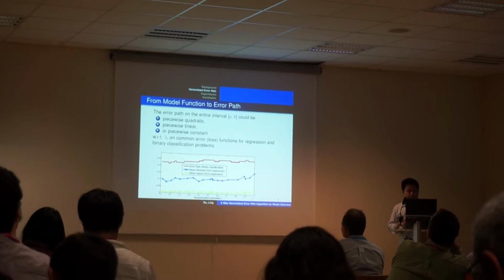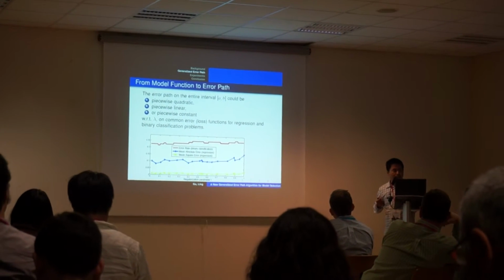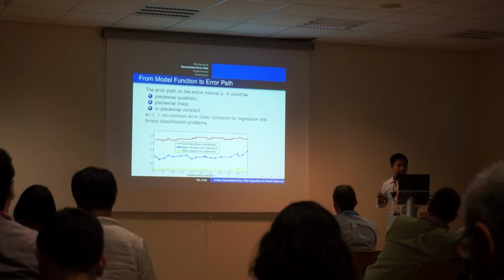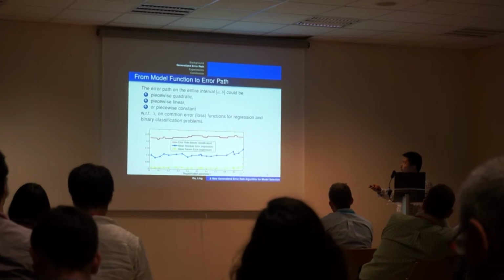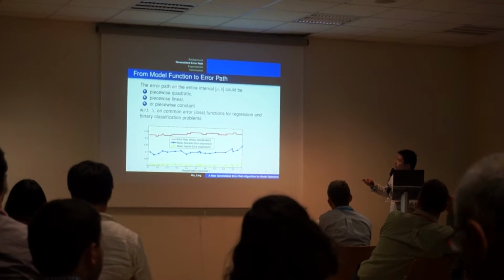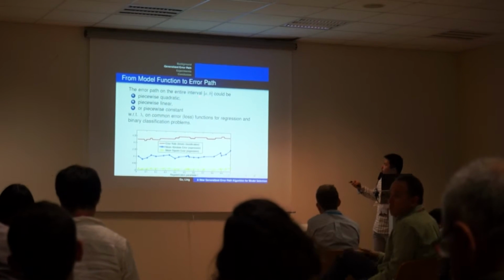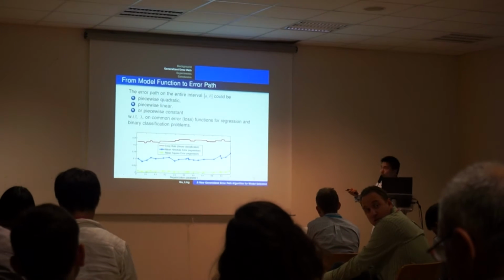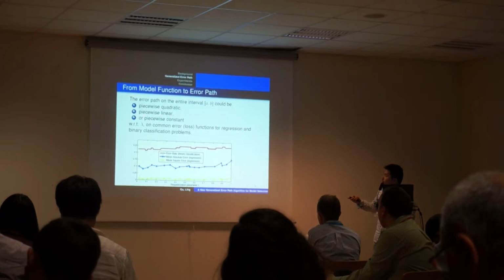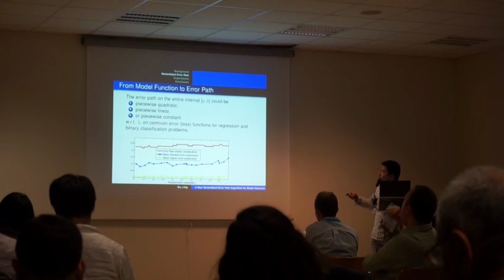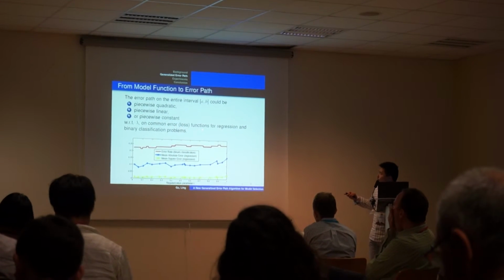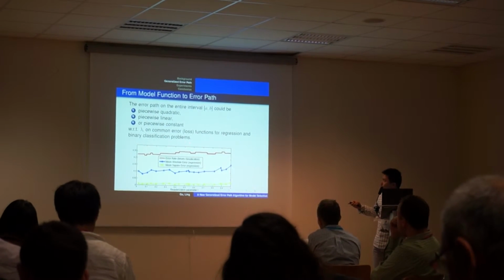Based on the piecewise linearity of the model function, we next prove that the error path on the entire interval could be piecewise quadratic, and could be piecewise linear or piecewise constant, for common error functions for regression and binary classification.